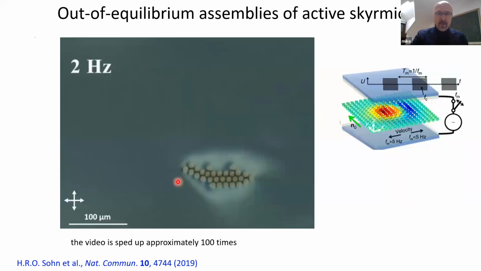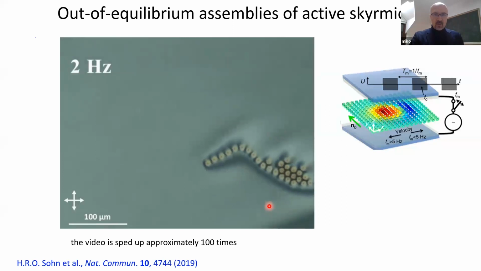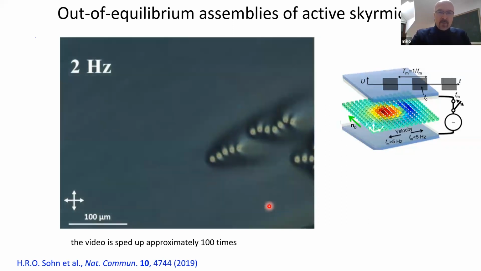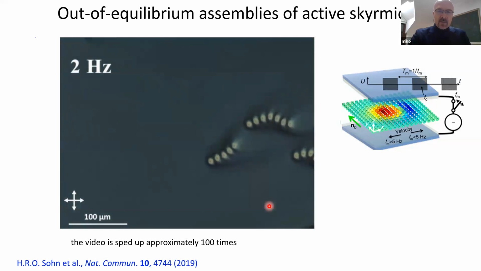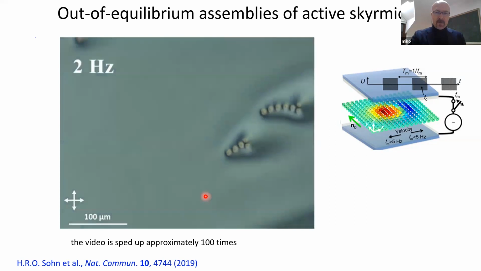This system, as Ivan showed, exhibits fascinating collective out of equilibrium behavior. So in this video from Ivan's group, you see a collection of 29 torons which form different structures, from linear chains, like in this realization, or compact clusters.